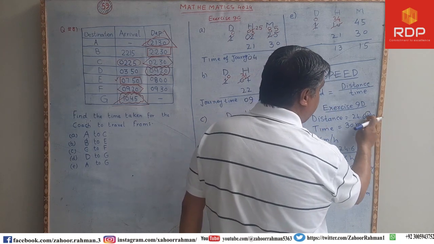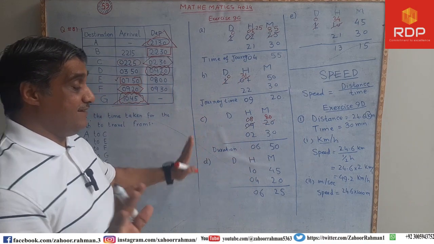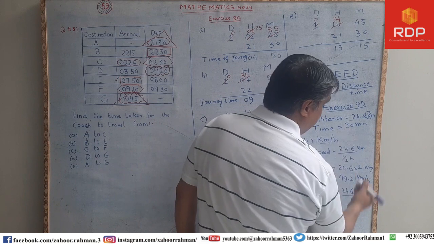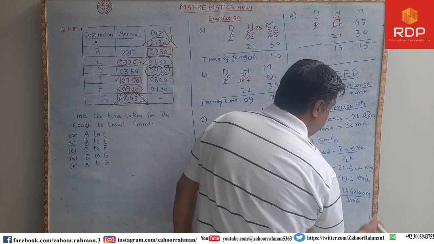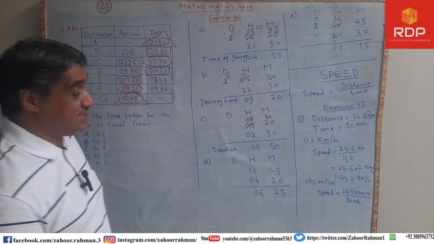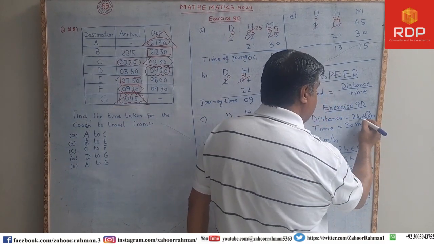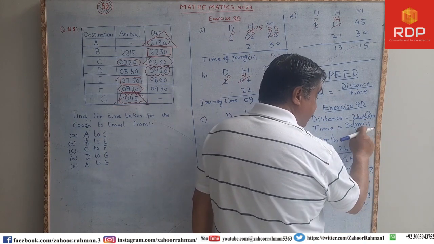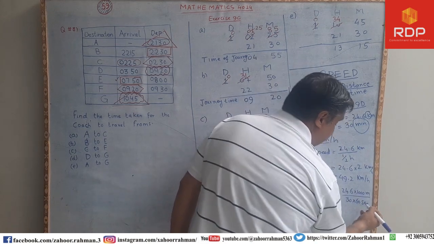On the place of kilo, I wrote 1000. Meter is on its place. So here we are having 30 minutes. So minutes, I am writing 60 seconds. On the place of minutes, I wrote 60 seconds.